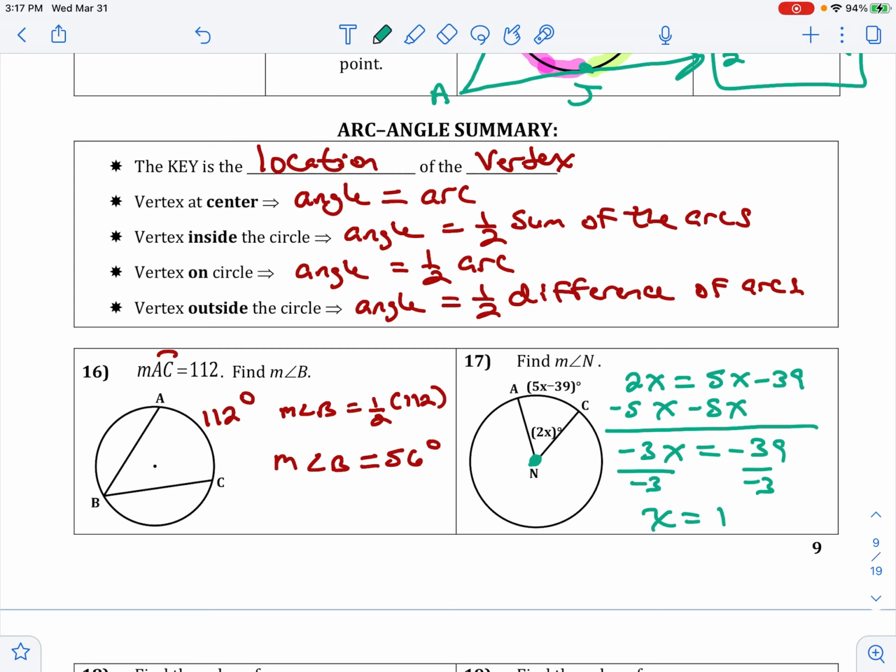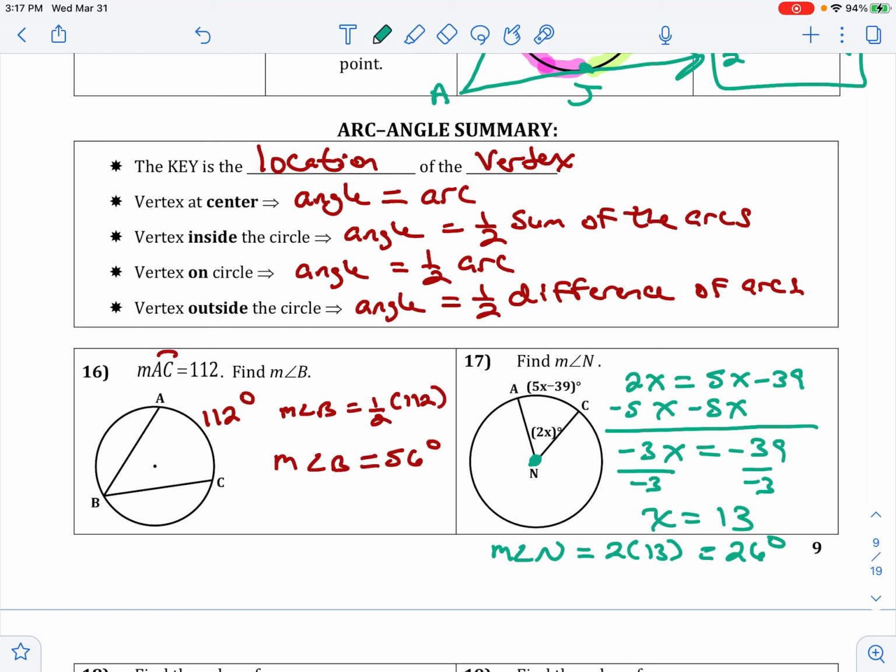Divide, and x equals 13. To find the measure of angle N, I'm going to take 2 times 13 to get 26 degrees. So that was inscribed angle, central angle.